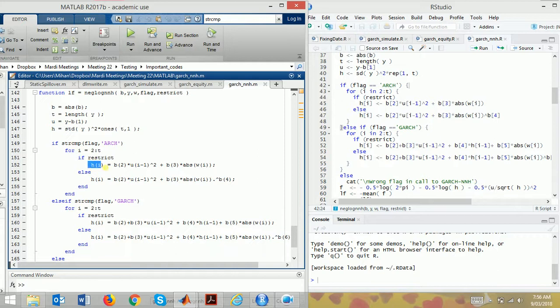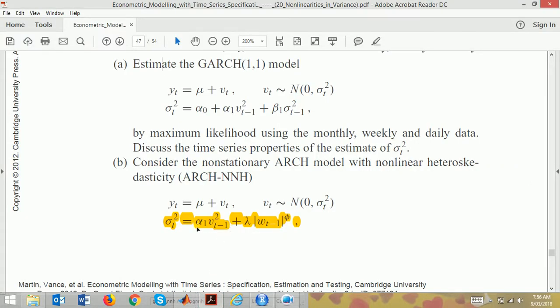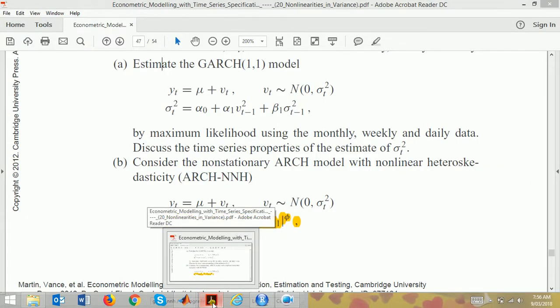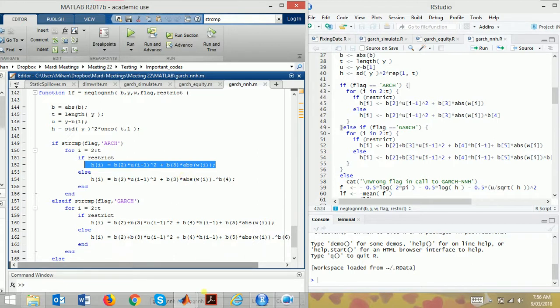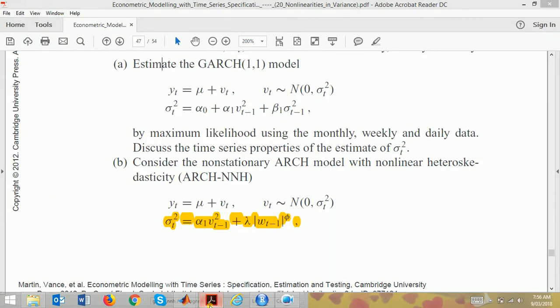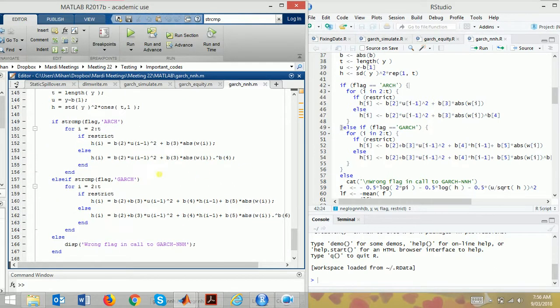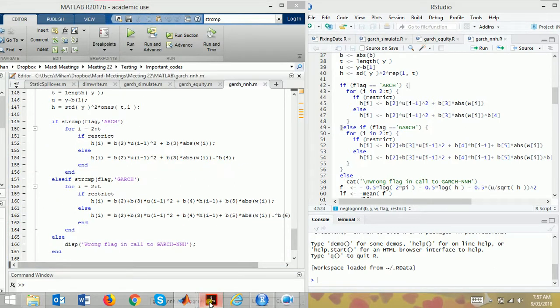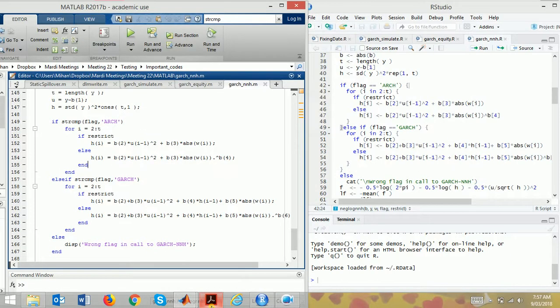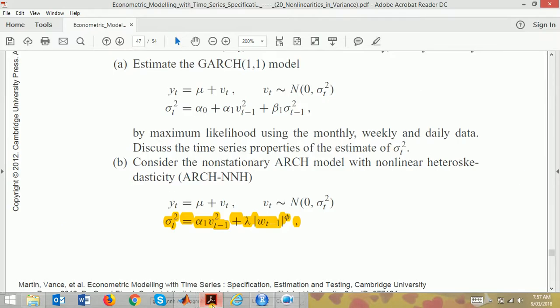If we pass restrict, then it will just take the arch part, alpha 1 v square, and b3 absolute value of omega 1. But otherwise, if it is not restricted, then it will be multiplied by lambda. So beta 2, beta 3, beta 4, right?